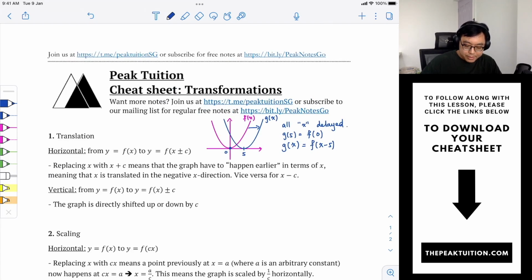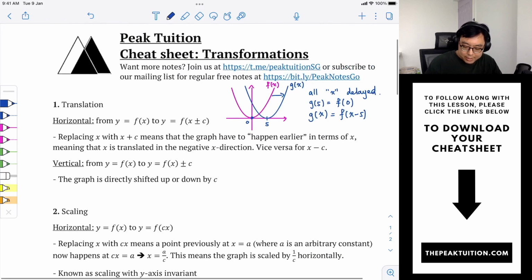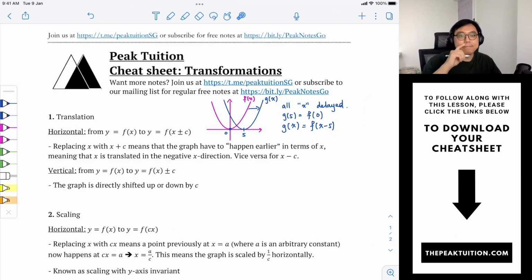Okay? So here we see that it happens earlier in terms of x, and the graph is translated in the negative x direction if it's a plus c. In our case, we minus the constant, so the graph happens later.